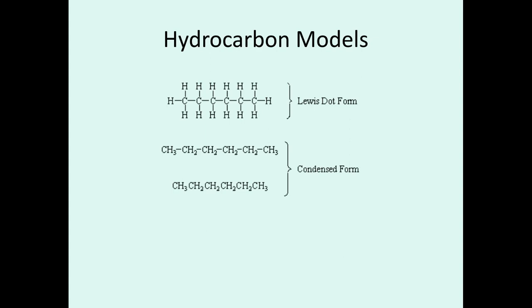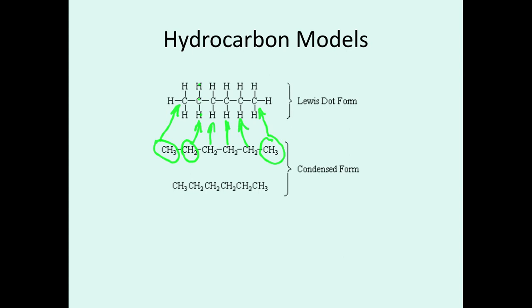And if you notice that right here, here's a CH3. Well, that is actually right there, CH3. And this CH3 is actually right there. But look at this one. That's a CH2, CH2. Another CH2, CH2, CH2.